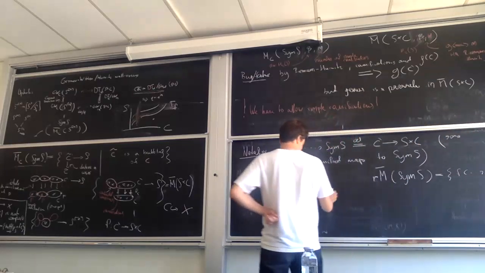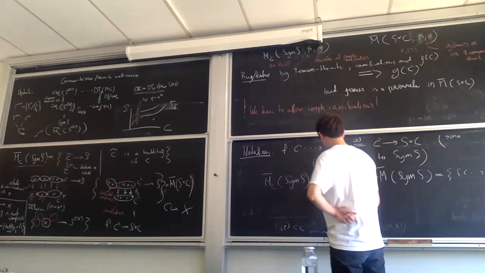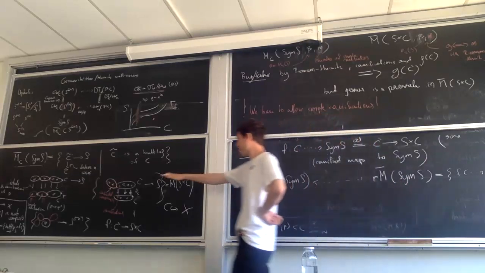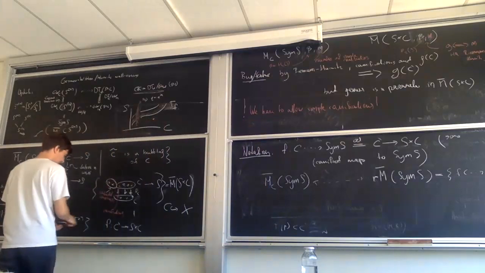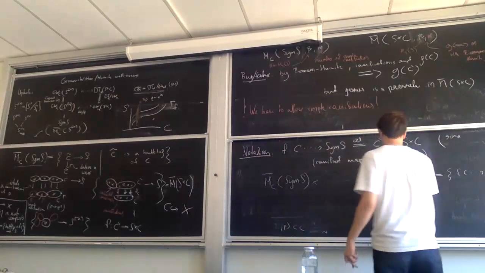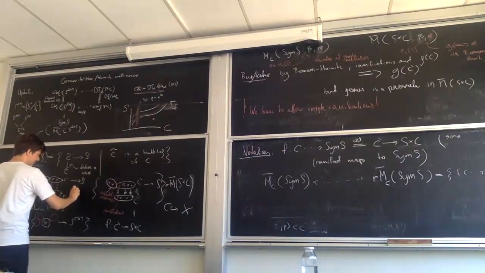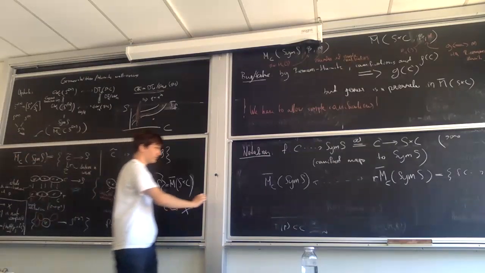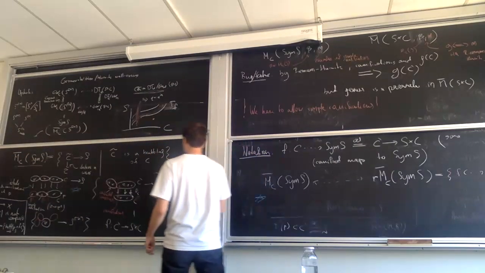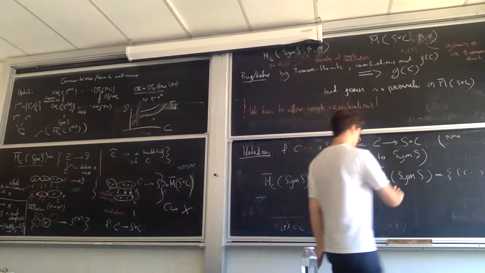But again, what is that? As in the case of quasi-maps, here you have that behavior, right? The curve C is fixed. The behavior over here is like that, and the behavior on the other side is like that.